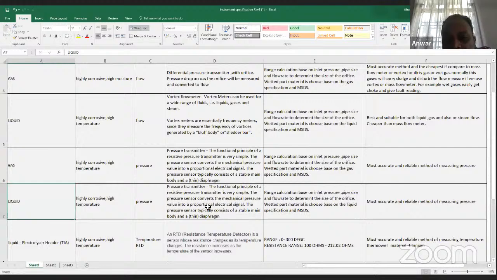It is to have an accurate and reliable method, and the specification selection will also be determined by the inlet pressure, the pipe size, and the flow rate, and the selection of the diaphragm will depend on the liquid.